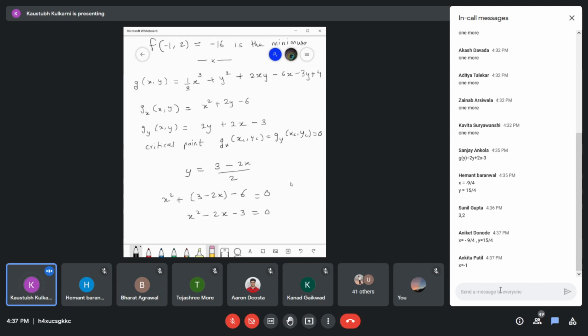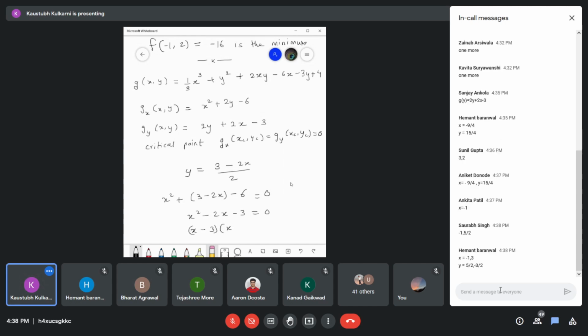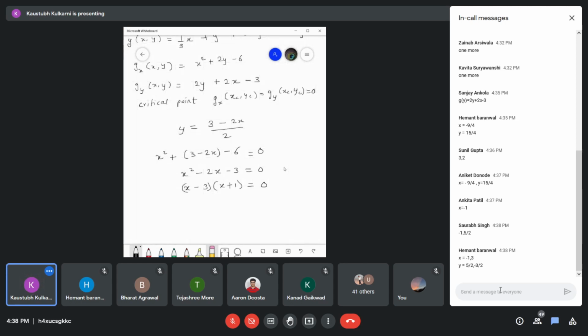x square minus 3x plus x minus 3, that is x minus 3 into x plus 1 is equal to 0. So now there are two possibilities: x is minus 1 or x is 3.